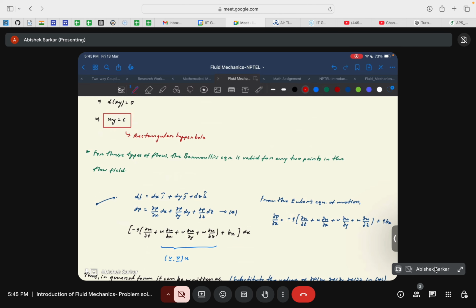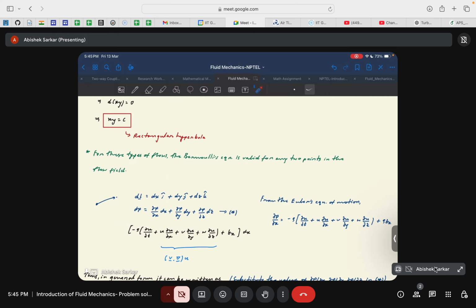You can look about it on the internet. You will see some interesting facts. For example, in the case of isothermal flows, the pressure volume plot also turns out to be a rectangular hyperbola. Just in case you're interested, you can look into it because it gives a similar relation.